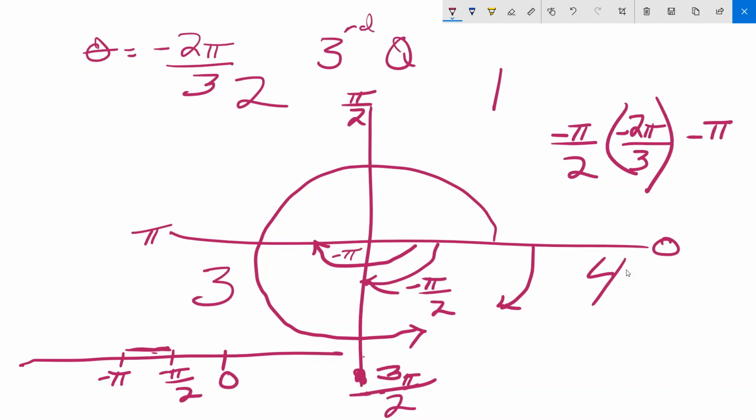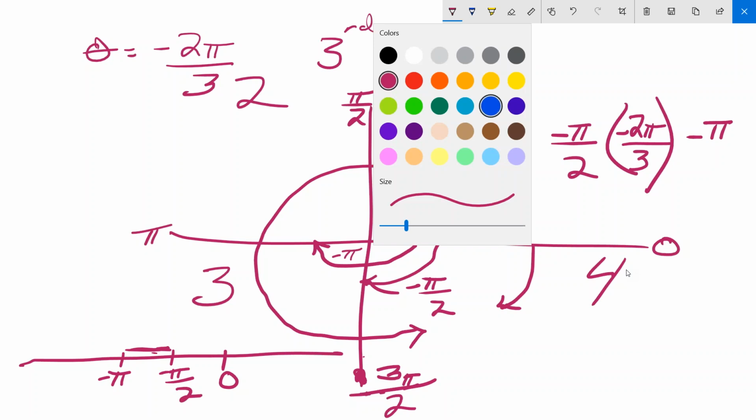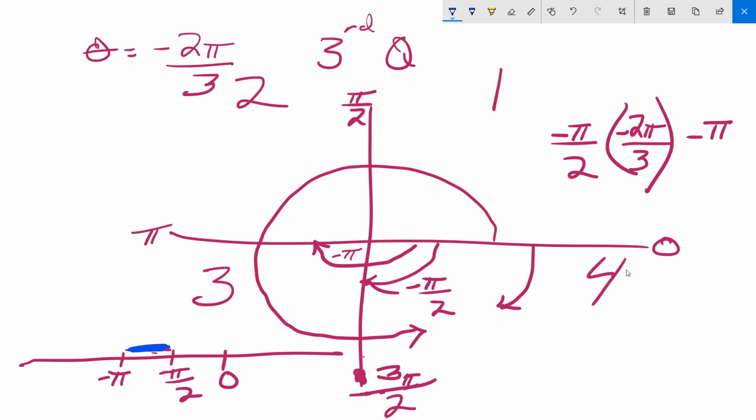Mathematically, it's less than minus pi over 2, but it definitely falls in this part, and that's the third quadrant. From 0 to minus pi over 2 is the fourth quadrant. You see that?